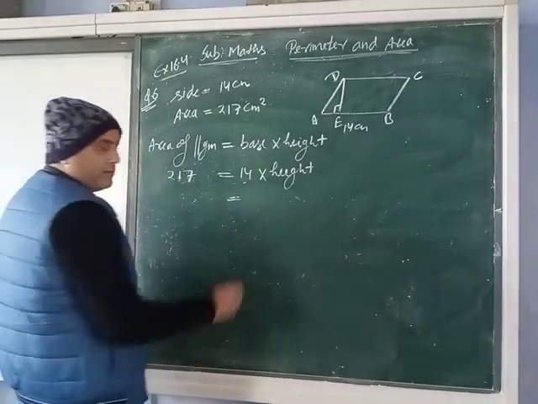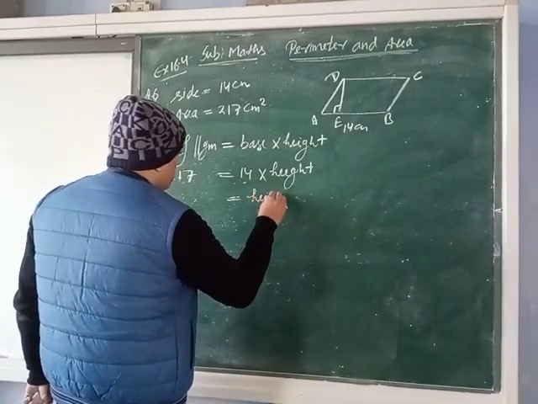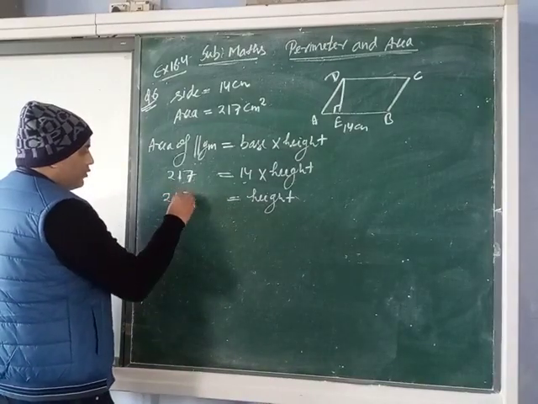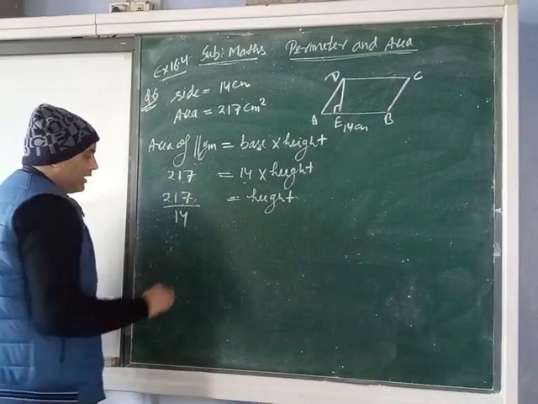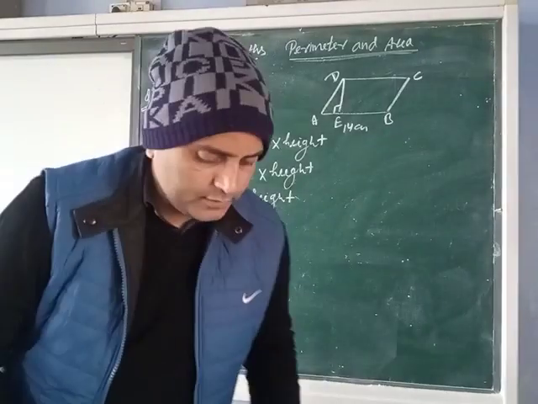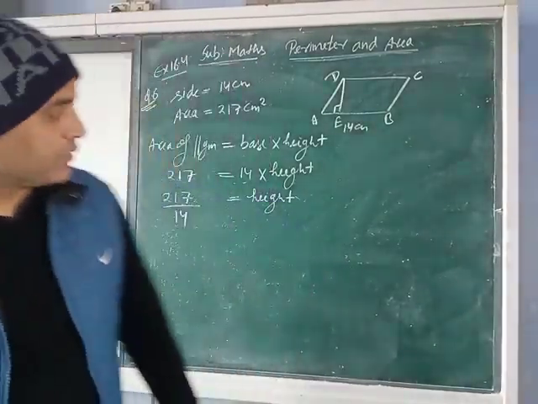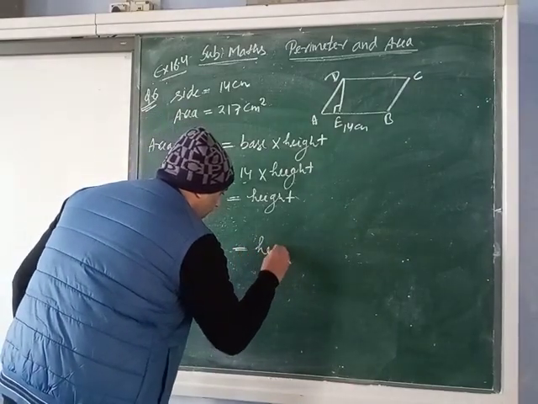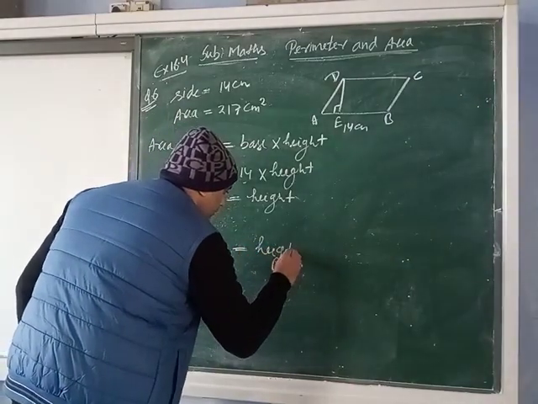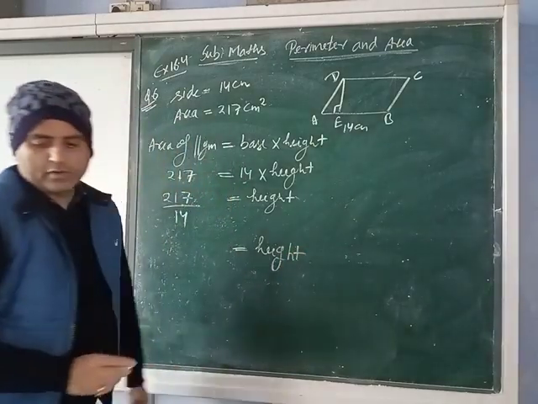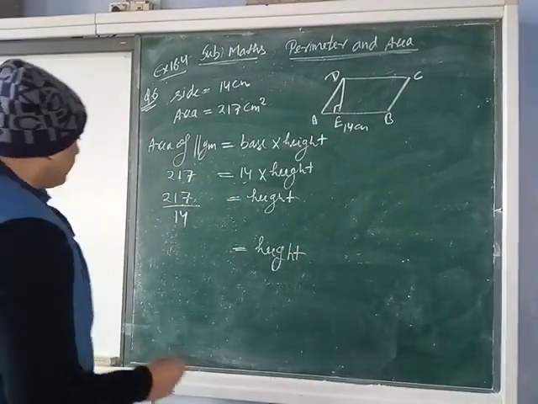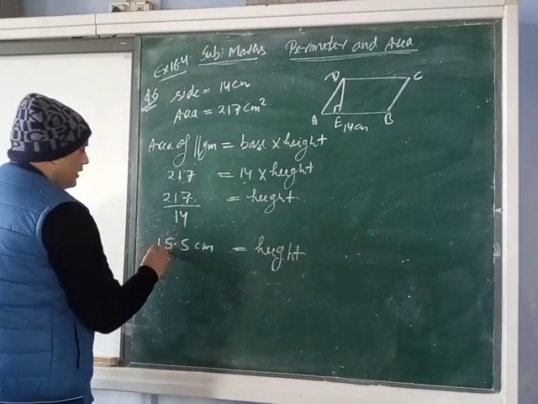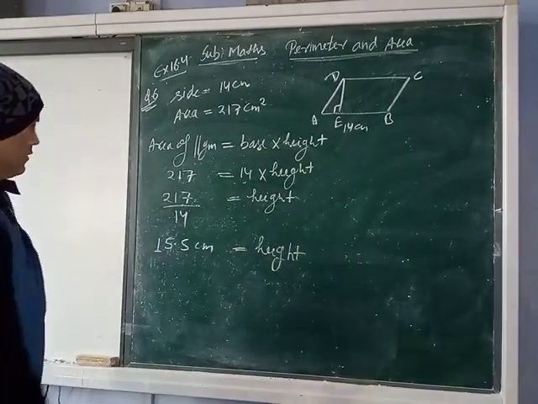Same. Height is equal to 217 divided by 14. When you divide 217 by 14, you will get the height. Then the height should be 15.5 centimeter.